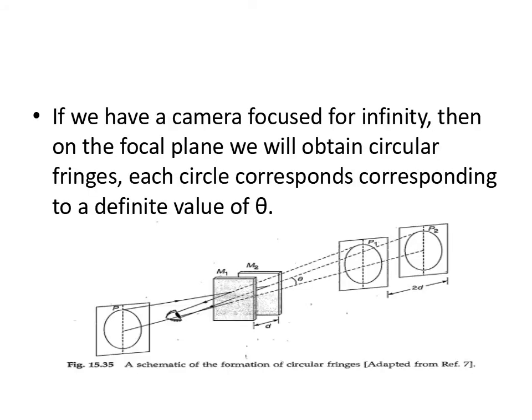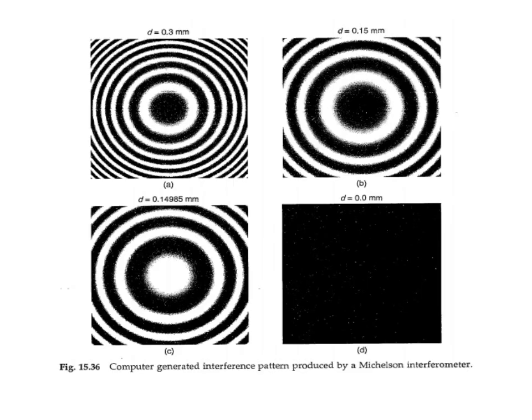Now what is the pattern of the interference we obtain using the Michelson interferometer? If we have a camera focused for infinity, then in its focal plane we will obtain circular fringes, each circle corresponding to a definite value of theta. Now here is the computer generated interference pattern produced by a Michelson interferometer.